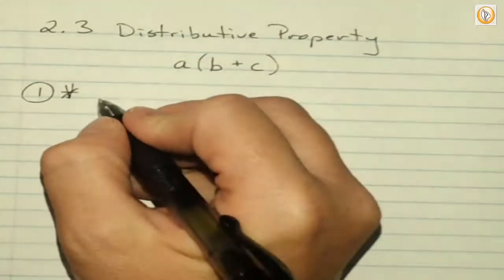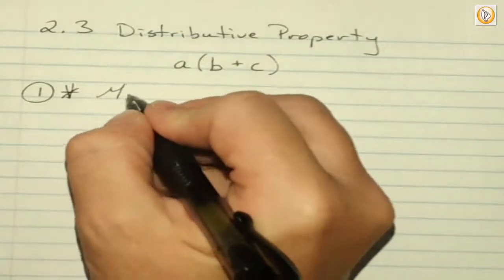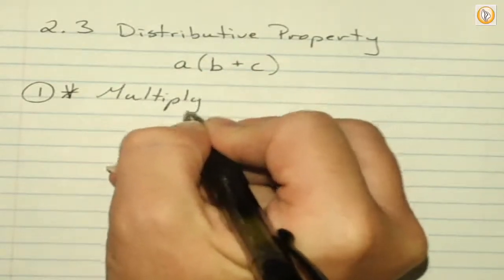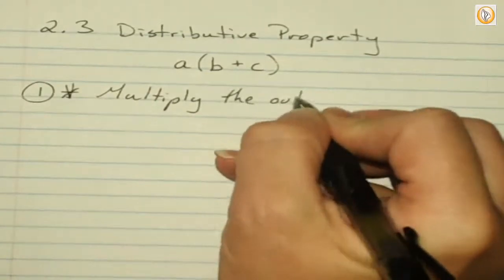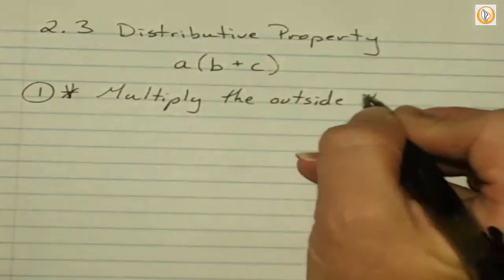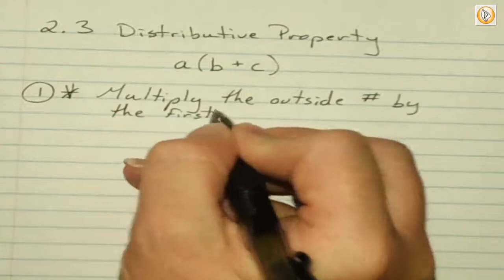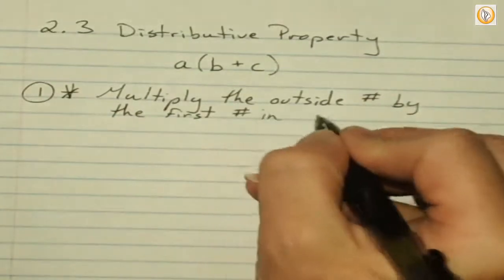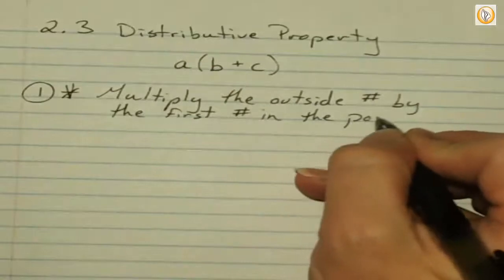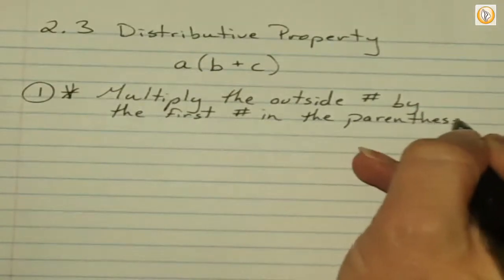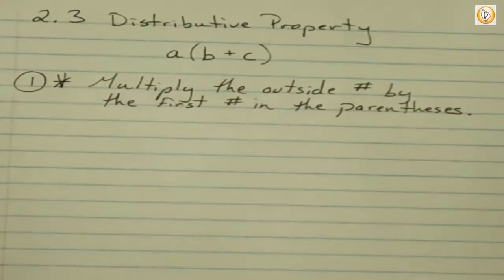Step 1: multiply the outside number by the first number in the parentheses. It says number, but it could be a variable. It could be a letter. So it's either letter or number.